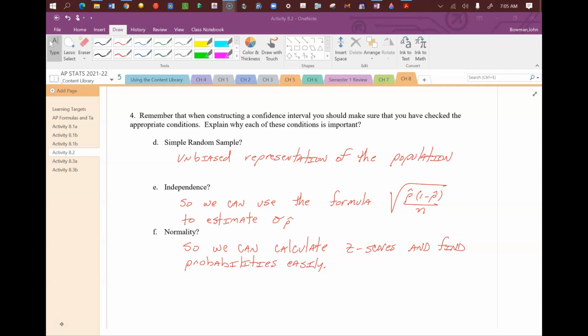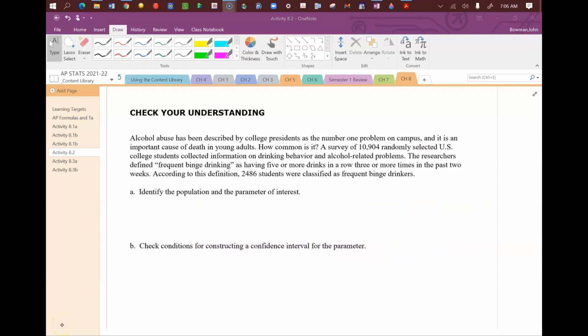So we're going to take a look at an example here. If you move on to the next part, we have the following question. Alcohol abuse has been described by college presidents as the #1 problem on campus, and it is an important cause of death in young adults. How common is it? A survey of 10,904 randomly selected U.S. college students collected information on drinking behavior and alcohol-related problems.